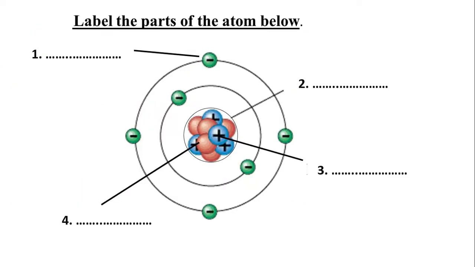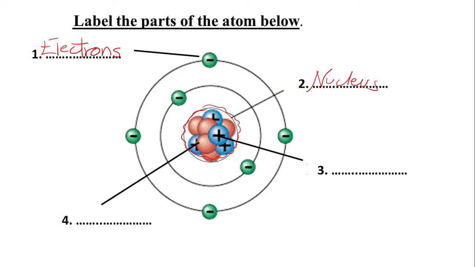Can you help me to remember their names again? So I said the negative one, we call it, yes, electrons. Two, both together in an area in the middle, we call it, yes, nucleus.